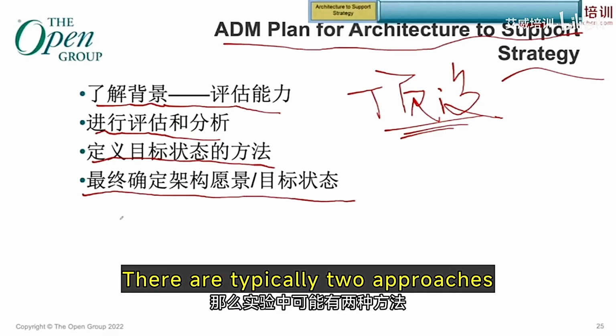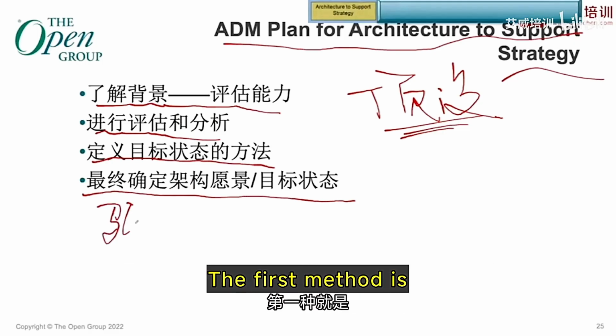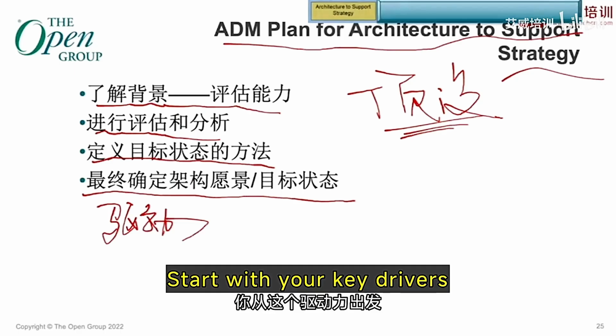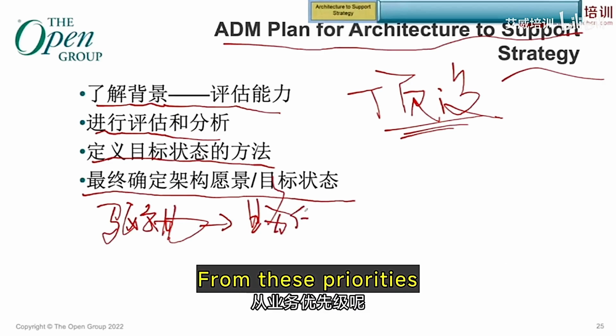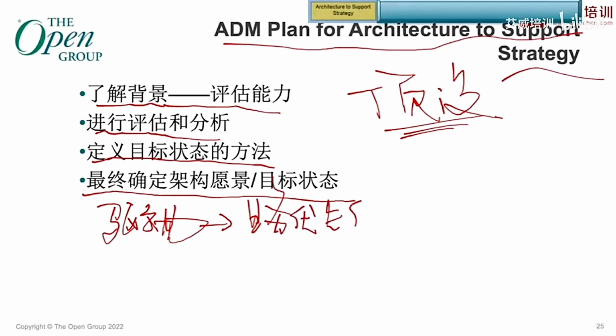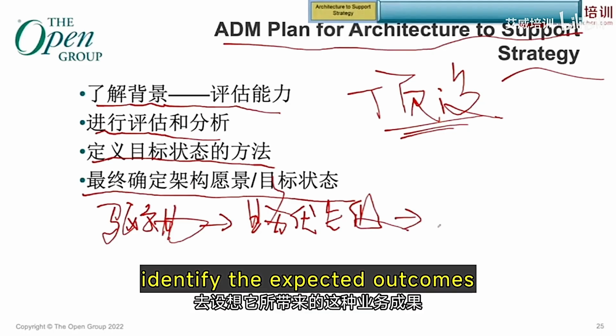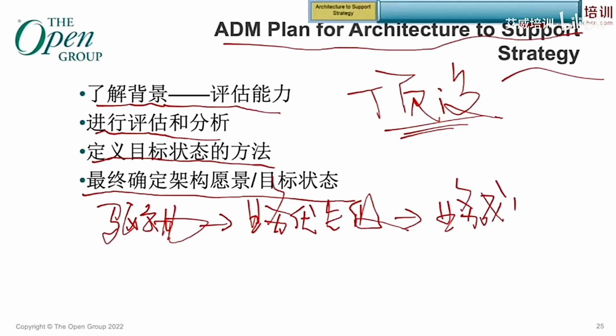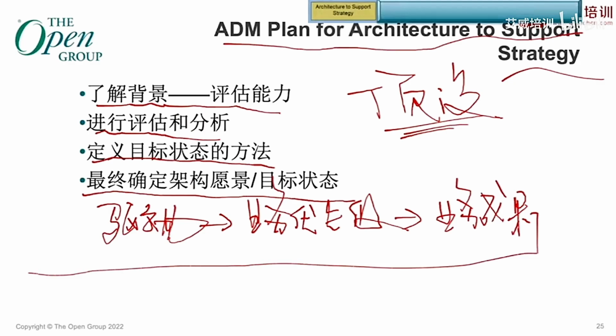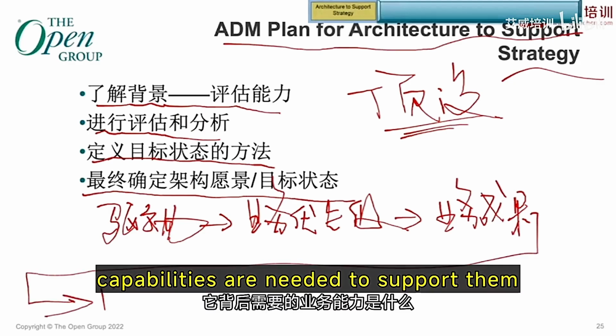There are typically 2 approaches. The first method is to start with your key drivers and establish your business priorities. From these priorities, identify the expected outcomes. From these outcomes, determine what capabilities are needed to support them.